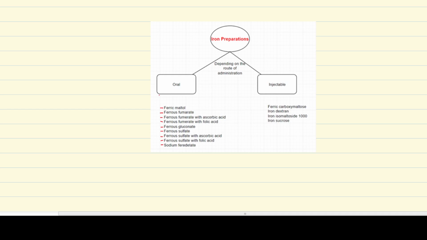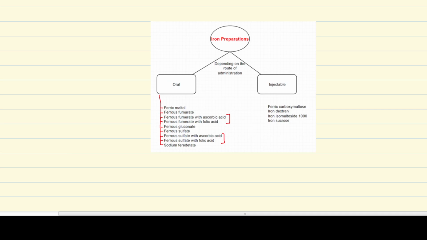Okay. So these are the available oral preparations. We've got ferric maltol, we've got ferrous fumarate, we've got combination drugs of ferrous fumarate with ascorbic acid and with folic acid. We've got gluconate, we've got sulfate, and we've got again a combination here. And then we've got this sodium ferritate. Okay?